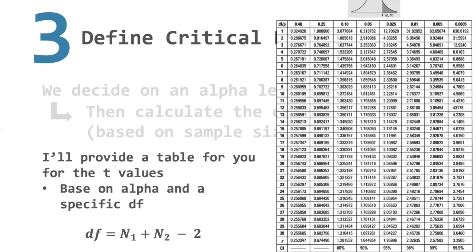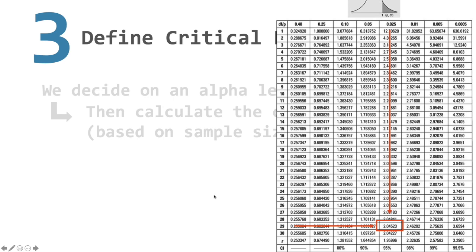The thing that differs here is that we now have a degree of freedom. The degrees of freedom is n of our first group plus n of our second group minus 2. Let's say we had 15 in this group and 16 in this group. The degrees of freedom would be 29.